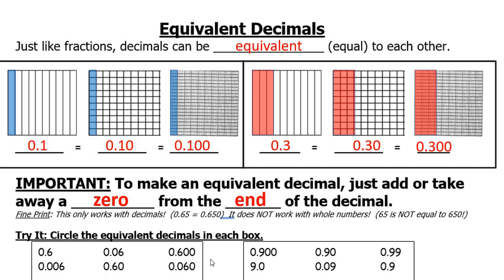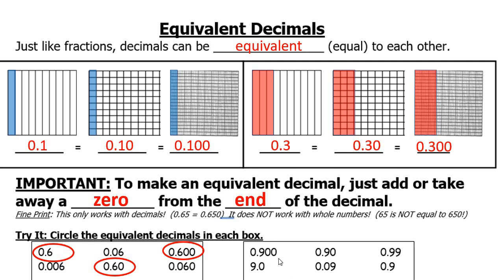Let's see if you can find some equivalent decimals. I'll get you started here. Circle 6/10, and then look in that box and see if you can find 2 other decimals that are equivalent to 6/10. You should have circled 60 hundredths and 600 thousandths because those have the 6/10 with zeros stuck at the end.